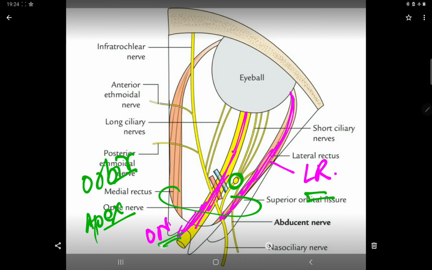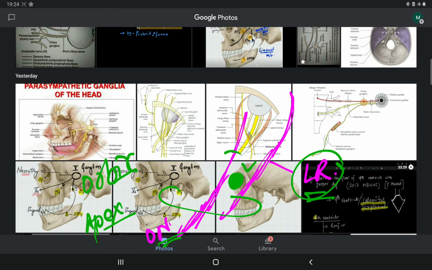So this is the location. Lateral to the ciliary ganglion is the lateral rectus muscle. Medial to the ciliary ganglion is the optic nerve. And it is located near the apex. So that's the location of the ciliary ganglion.